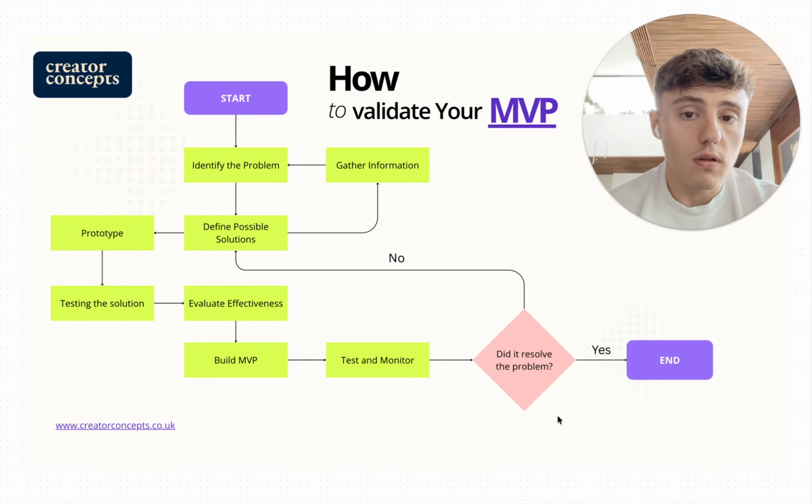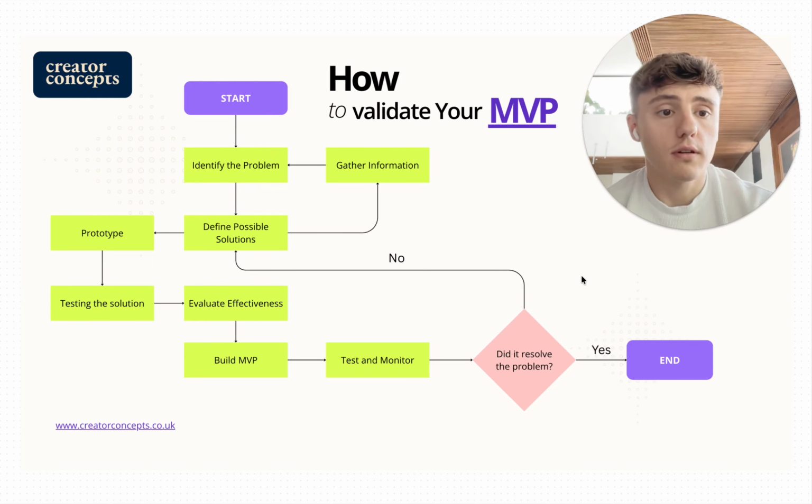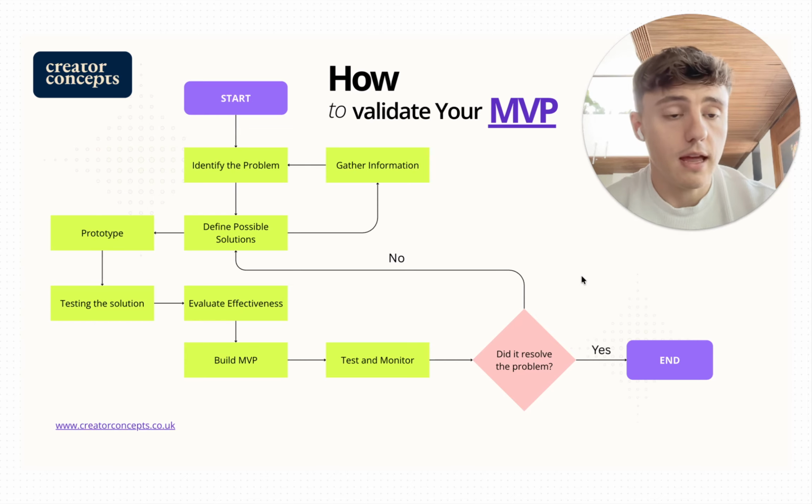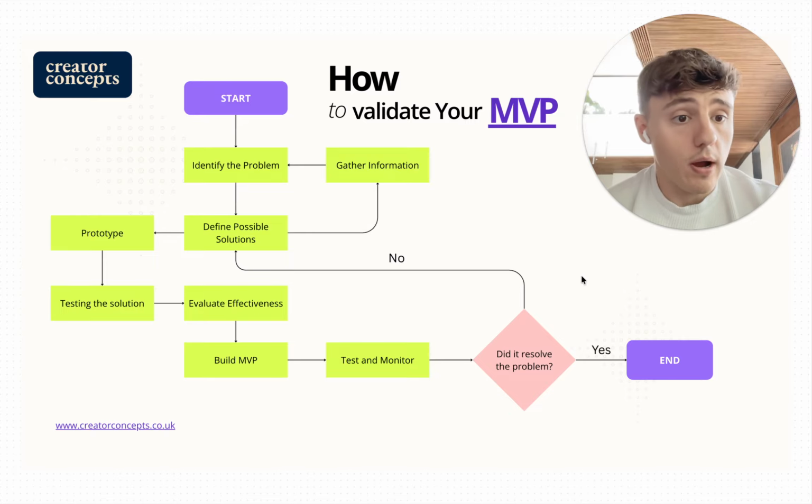So that initial problem identification that you did at the beginning of the process, is your MVP solving that problem in a way that's clear, easy to understand for users and customers, and in a way that they are willing to pay for. They don't have to be paying for it now, but at some point, will they be paying for it?